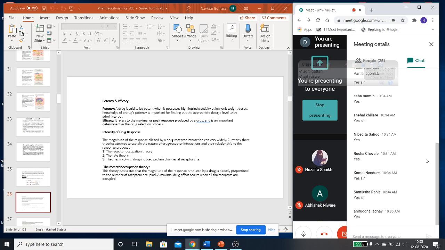So always keep in mind, potency doesn't mean that the drug is very powerful. Efficacy means the drug is powerful. Potency means it has the ability to bind more receptors at a given time, because it has more affinity. So simultaneously it can bind with more receptors. While intrinsic activity means once it binds the receptor, it can cause a response.